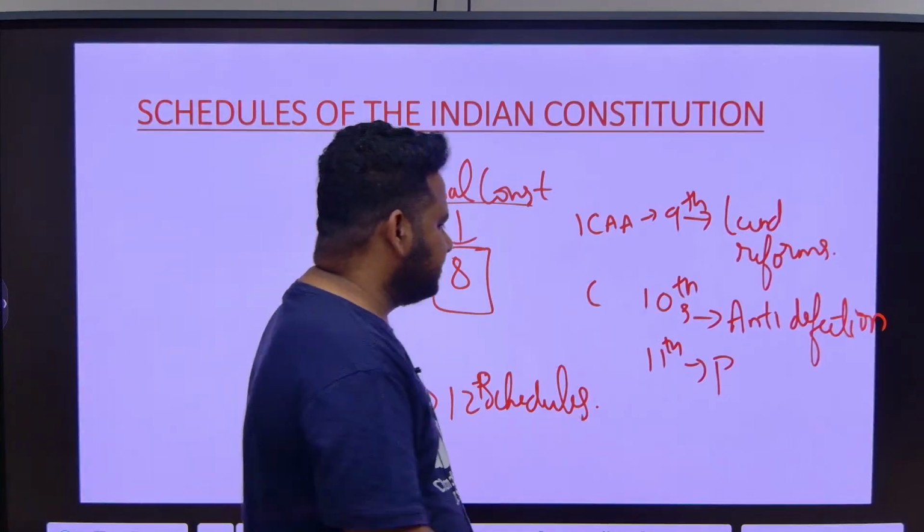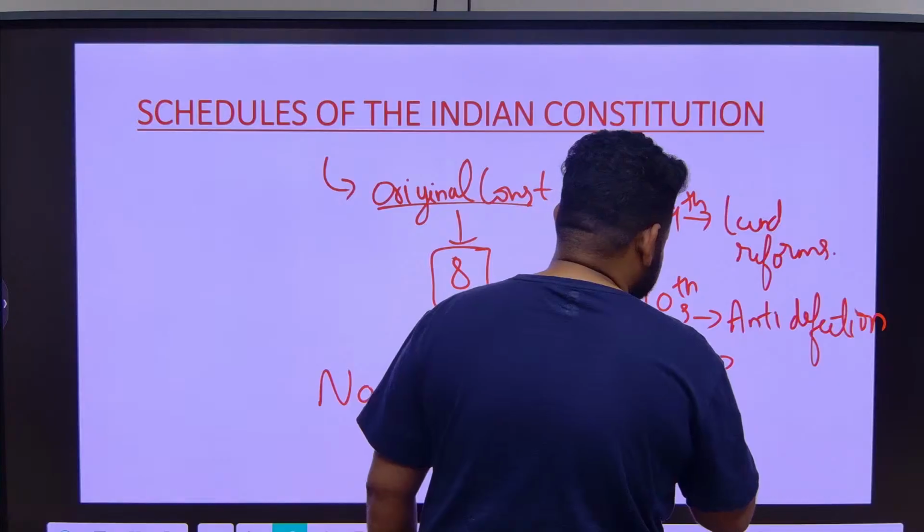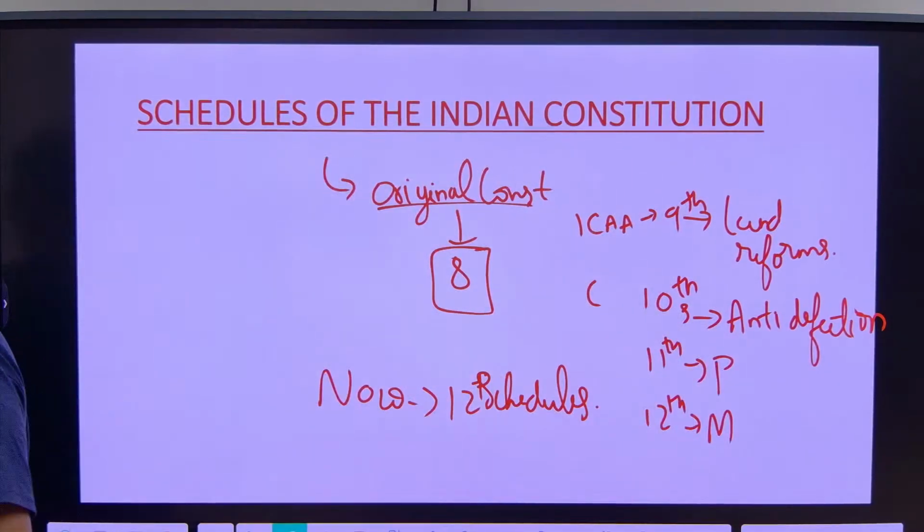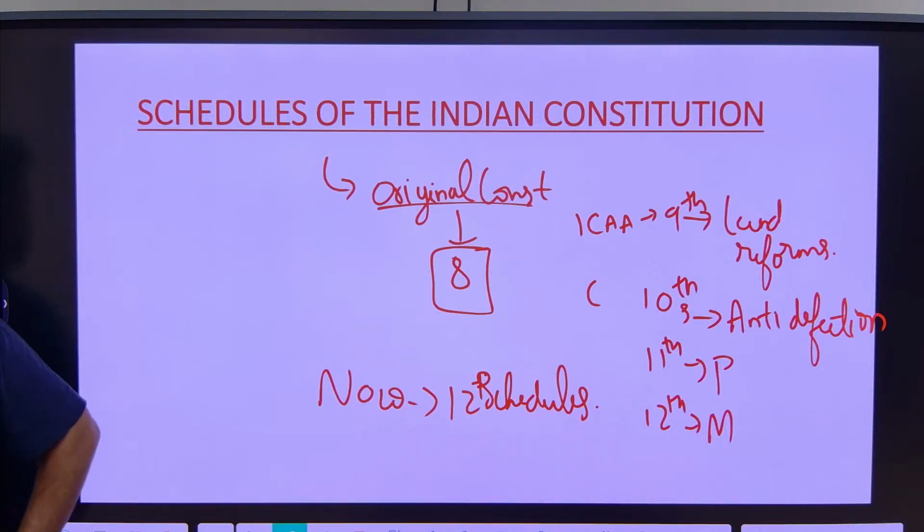The 11th is panchayat and the 12th is municipalities. The 12th is what? Municipalities. Clear to all of you? The 10th one is anti-defection. So first you have to understand that there were 8 schedules in the original constitution. Now we have 12 schedules. The 9th talks about land reforms, 10th anti-defection, 11th panchayats, 12th municipalities.